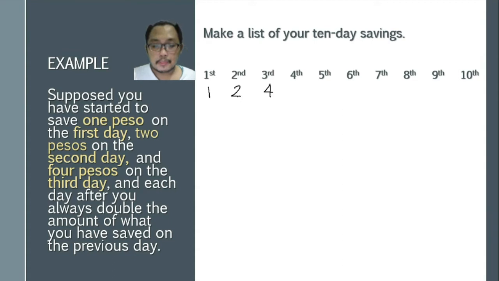So at this point, let us consider first what happened on the first 3 numbers. Here you will notice that we can come up with a 2 by either adding a 1 to 1 or multiplying a 2 with 1. So for the meantime, let us note what may have happened here.